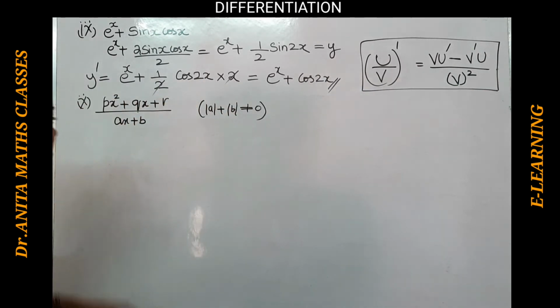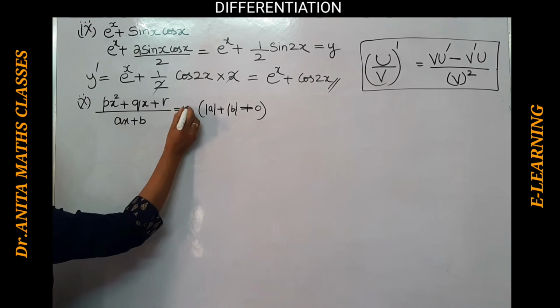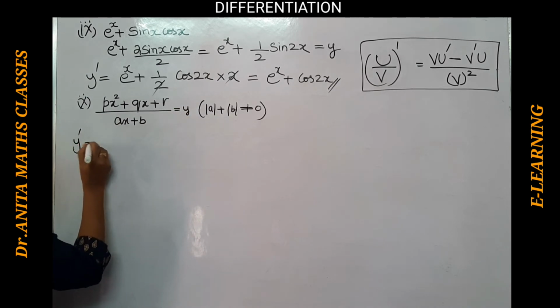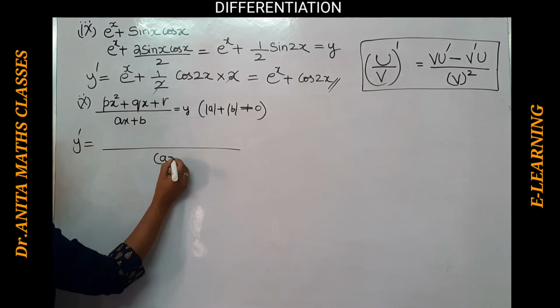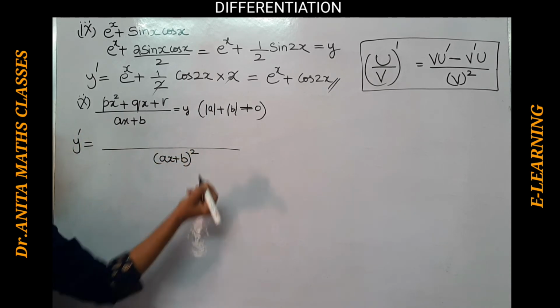So division. Now we will apply this. This is u and this is v. So let me suppose this is y. So y dash is equal to, first we will write the denominator, that is v square.